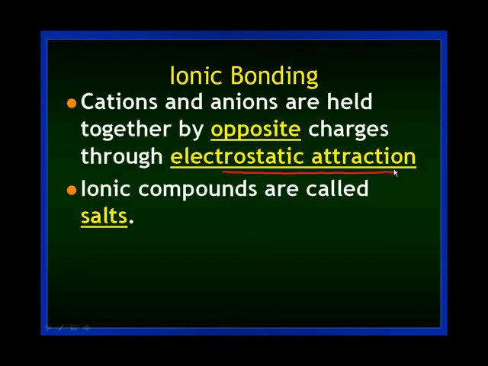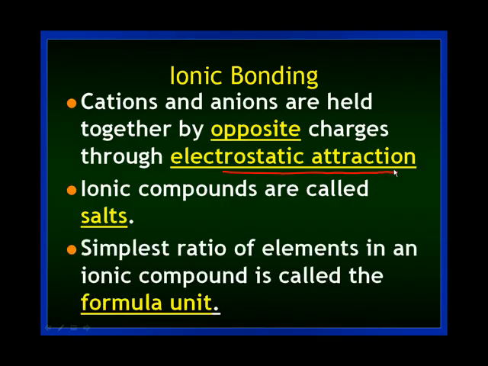Okay. When you have ionic compounds, the generic term for them is salts. We're used to thinking of salt as NaCl, sodium chloride. That's table salt that you sprinkle on food and use while cooking. But pretty much any ionic compound is a salt.